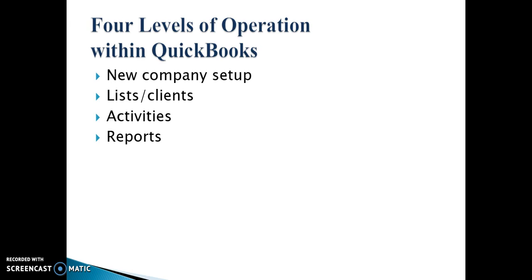Lists and clients: this information and how to use it in QuickBooks will be provided for you in Chapters 2, 3, 4, things of that nature. Activities will probably begin in Chapter 2, 3, 4, 5, and reports are going to be in all of these chapters, 2, 3, 4, 5, and any other chapters that we go beyond.